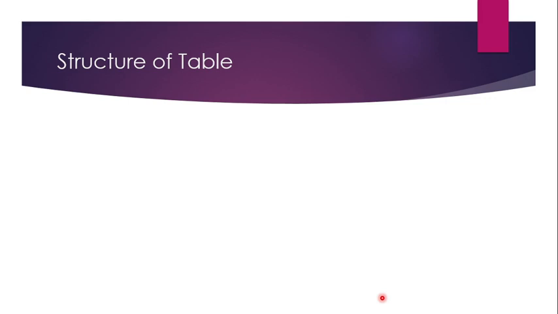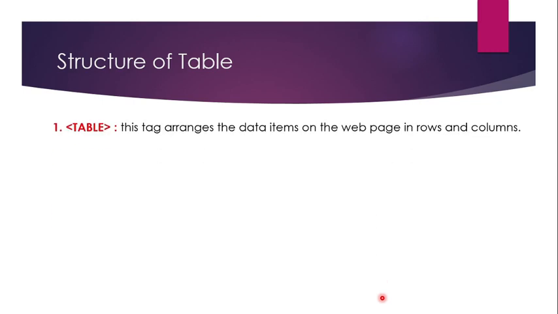Before creating a table, it is very important to know about the tags that we are going to use. The first tag is the table tag. This tag arranges the data items on the web page in the form of rows and columns. Next tag is the tr tag. TR stands for table row.